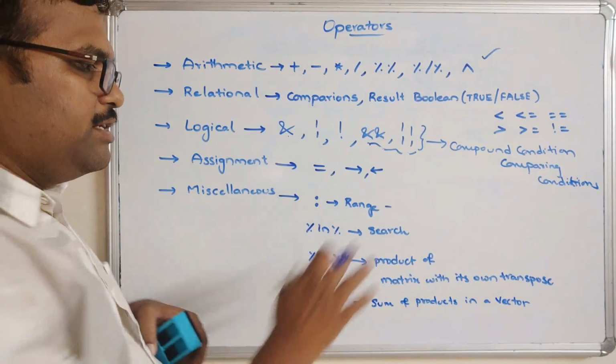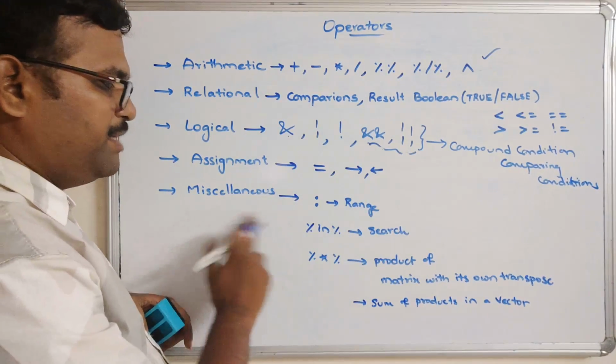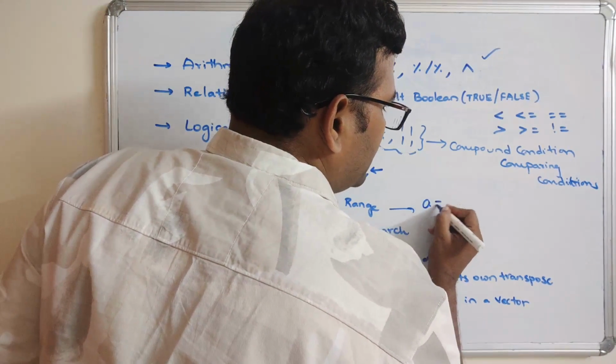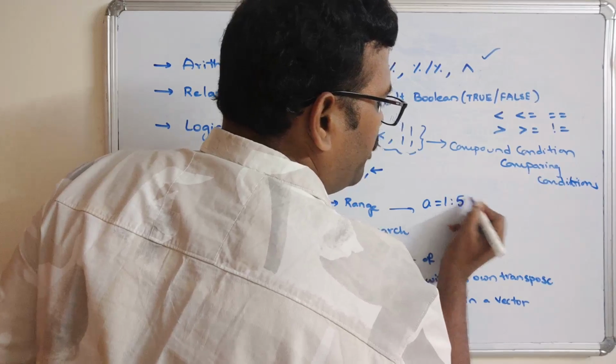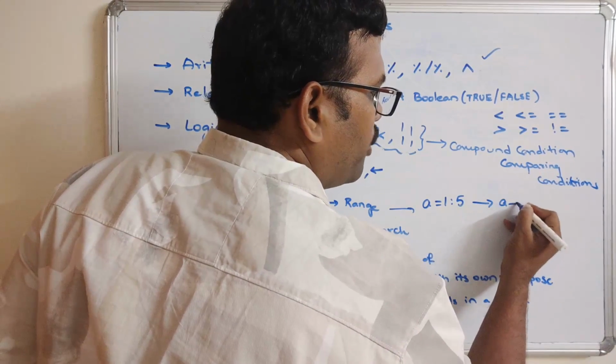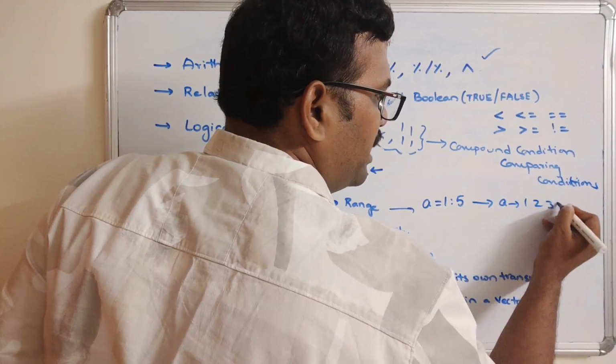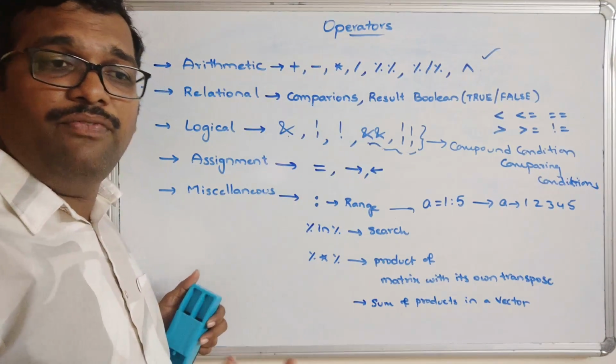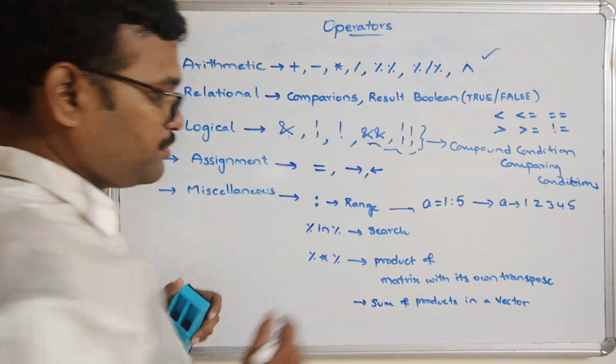Coming to the range, these three we call miscellaneous operators. Range means we can give a is equal to 1 to 5. That implies a can hold values 1, 2, 3, 4 and 5. So we can specify a range instead of giving a single value.